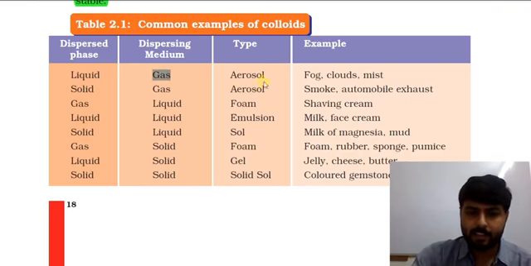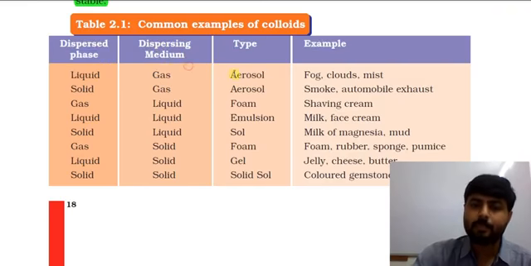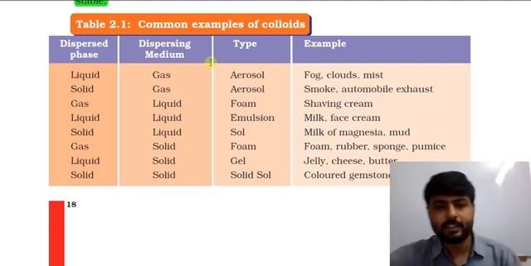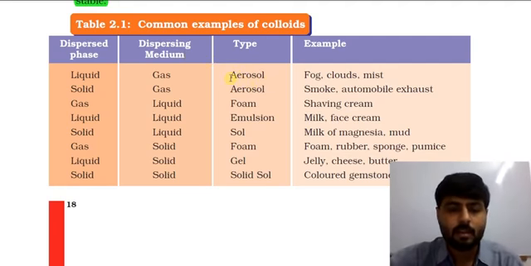So gas in larger quantity is called aerosol. So fog, cloud, mist are the examples of colloidal solution. This type is aerosol colloids, liquid in gas type colloids, that is called aerosol.